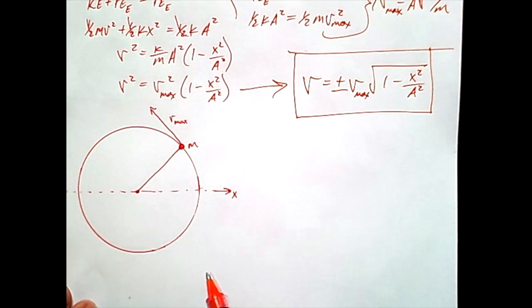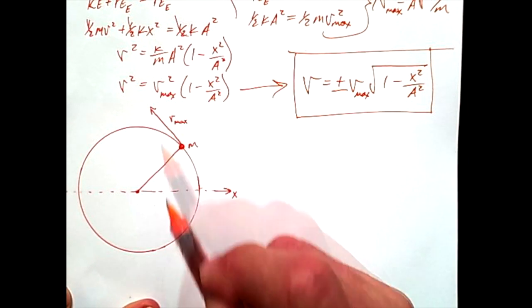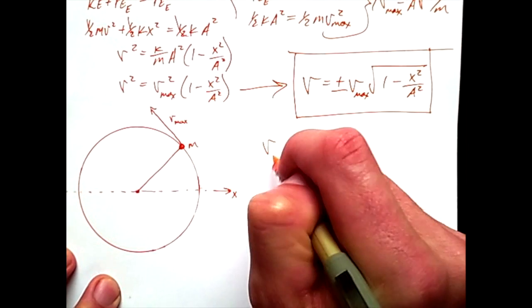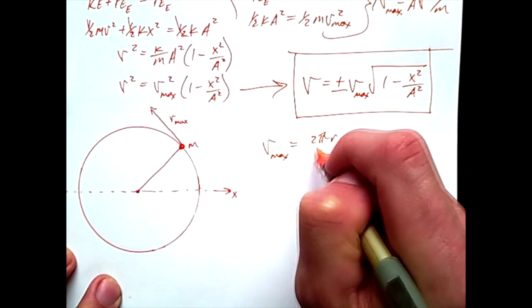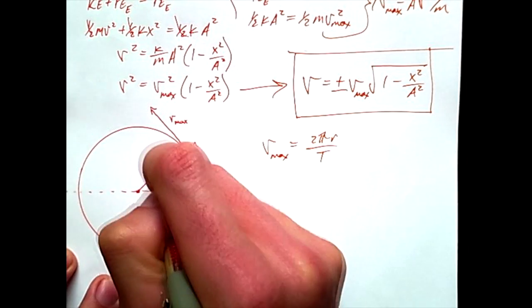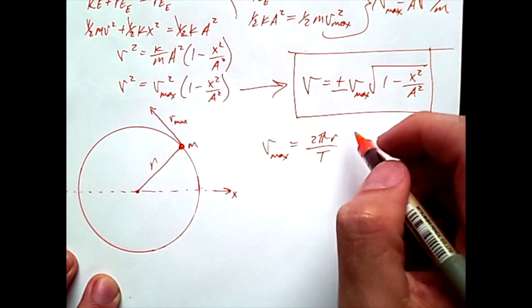That initial velocity is uniform, and this thing spins round and round. And so we would say that the tangential velocity is the maximum velocity. And we've already discussed that, the max, as being 2 pi r over T. And of course, if we're looking at a radial system like this, then r is A. And I want to talk about how we got to that point.